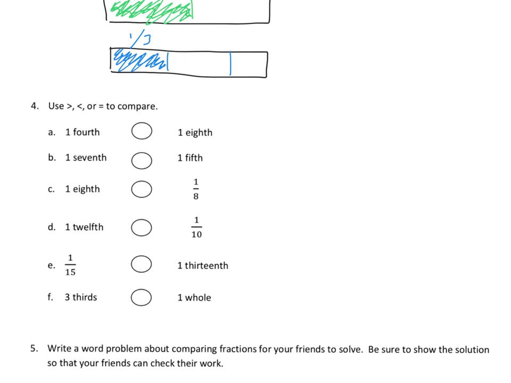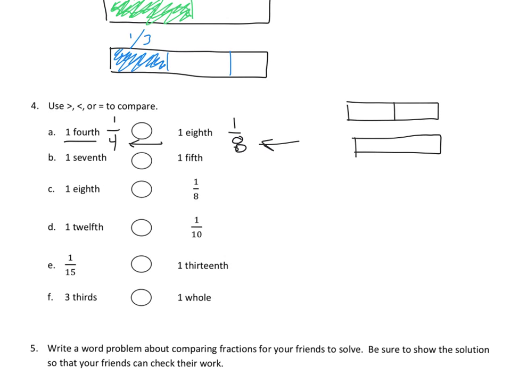So down below, we'll do a few of these ones. And again, when we talk about a 1/4, it means 1/4. 1/8 is 1/8. And we're talking about the size of the piece. So the more pieces that you break the whole into, and I'll do a diagram just for this one to help out.